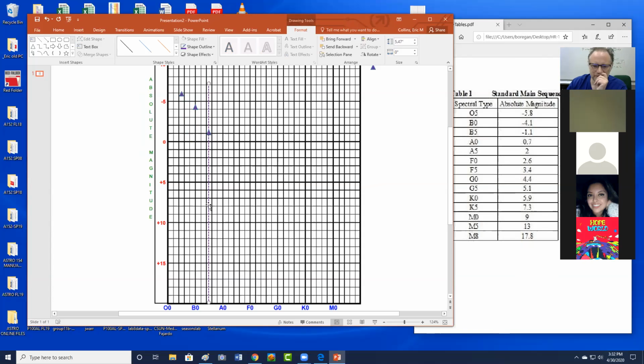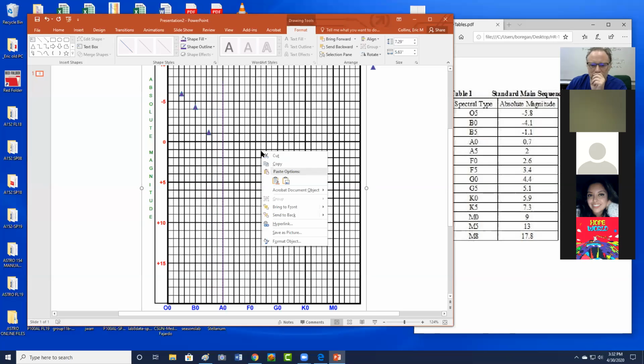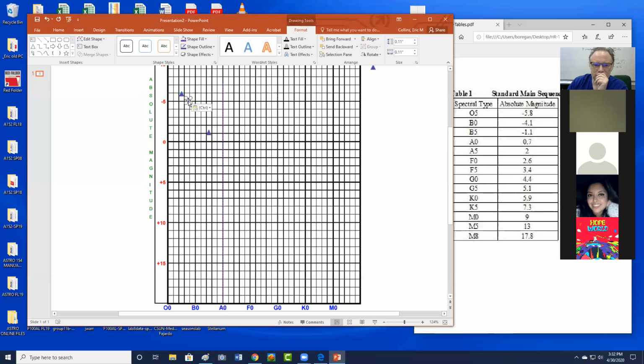Now we're going to move this line over again. This time to A0. Here's another one. This time it's positive 0.7. Just, yeah, not right there. Let's move our line again. A5.